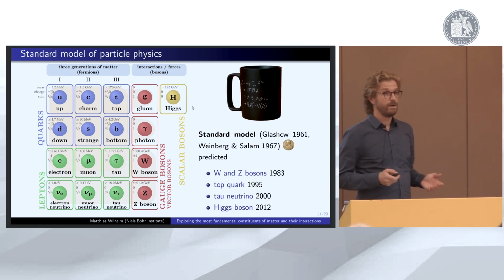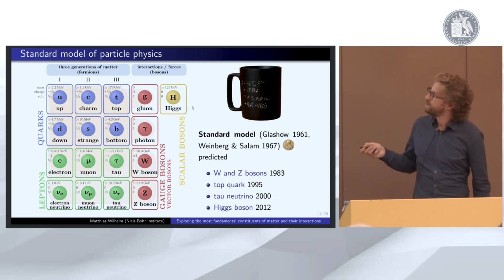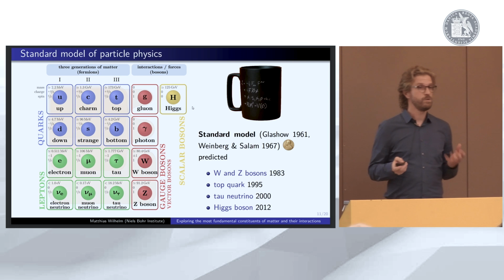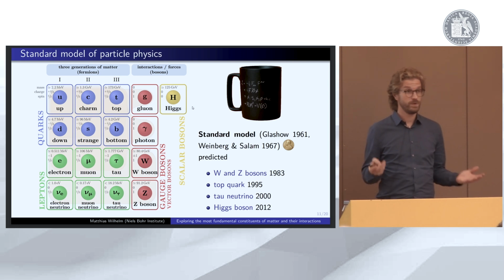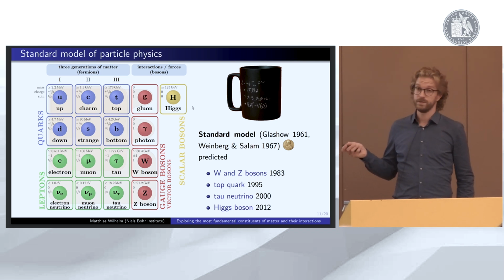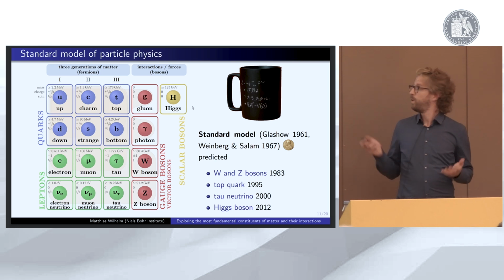However, other particles were found, some heavier copies of these previous ones. Now, you might wonder, why should we have those? And you'll be in good company. At the discovery of the muon, physicist Rabi famously exclaimed, "Who ordered that?"